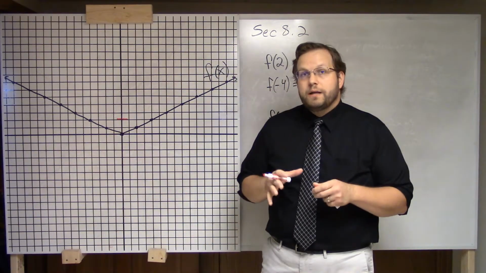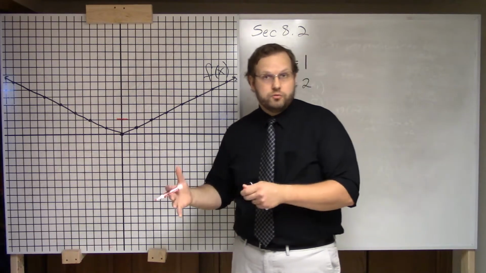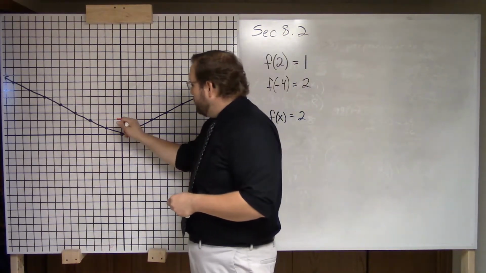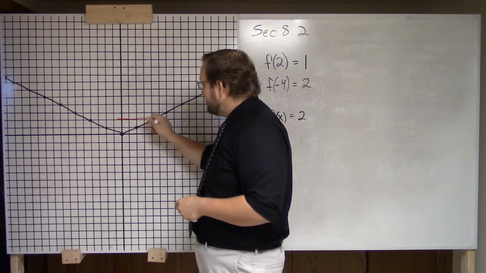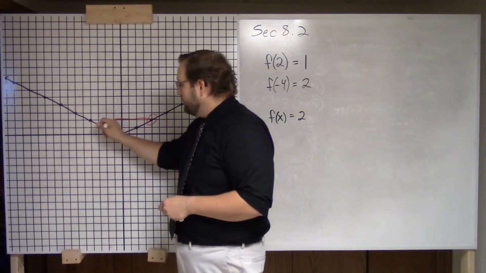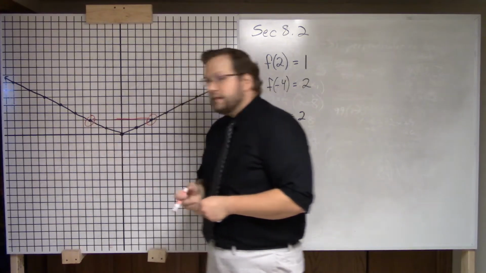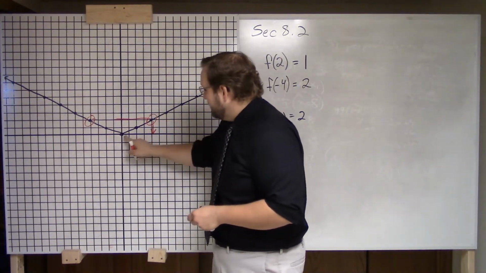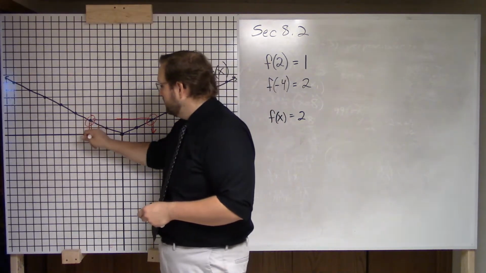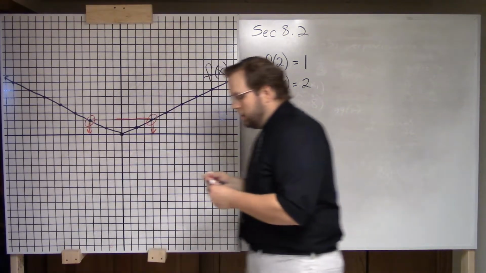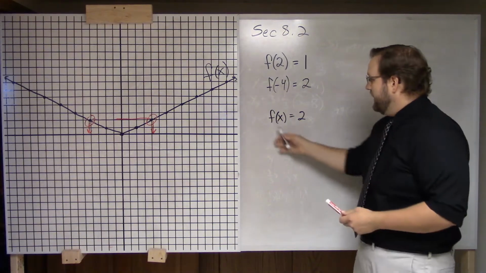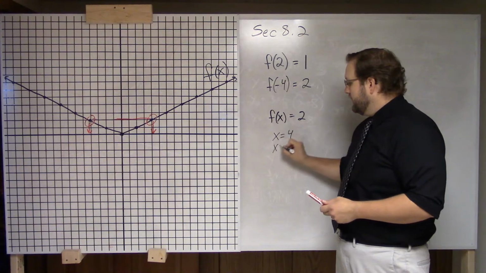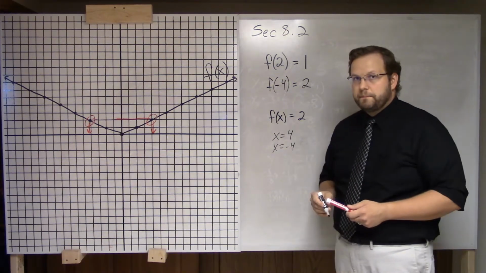Now, we're asked what x value or values hold that height, that y value. So if I go over here, I see an x value, and if I go over here, I see this x value. So what I would do is I would get this 4 and that negative 4. So in this case, f of x equals 2 is when x equals 4 and when x equals negative 4.